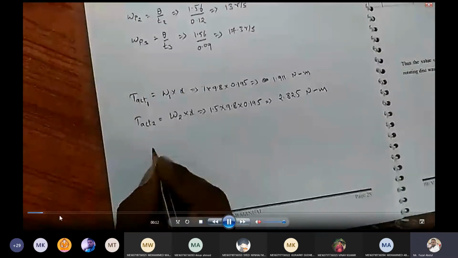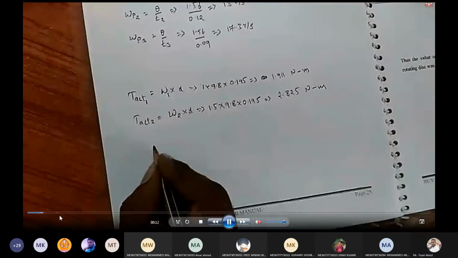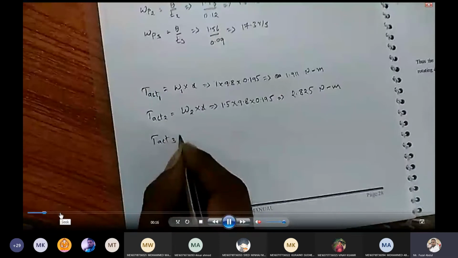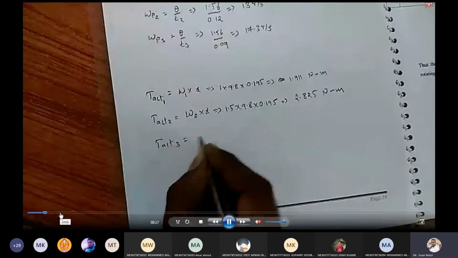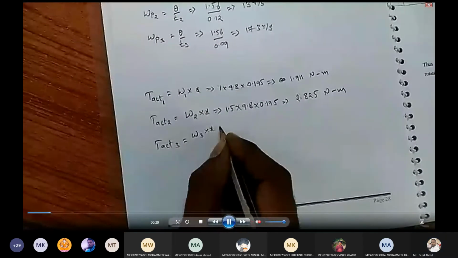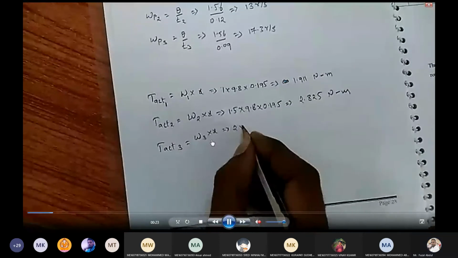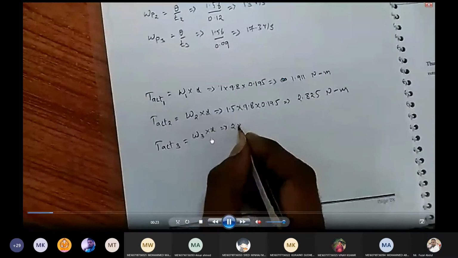Now third, for the third load, third actual torque, W3 into X. X is nothing but the distance from the application of load to the flywheel.